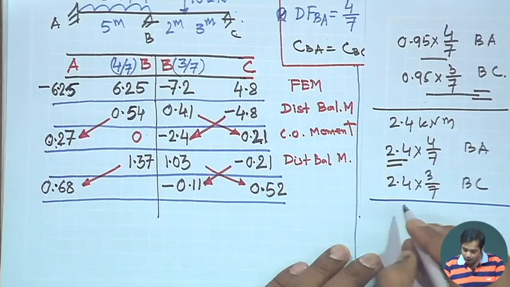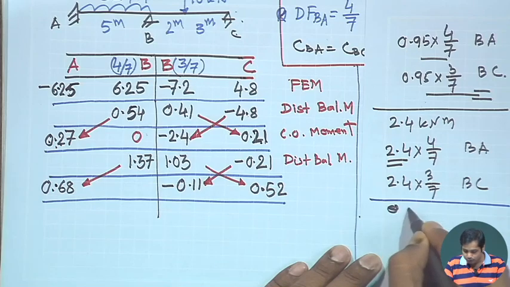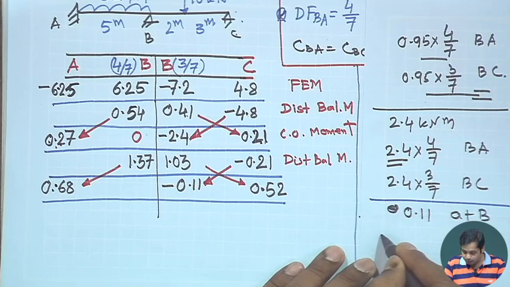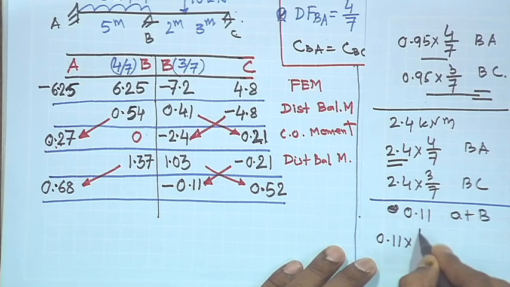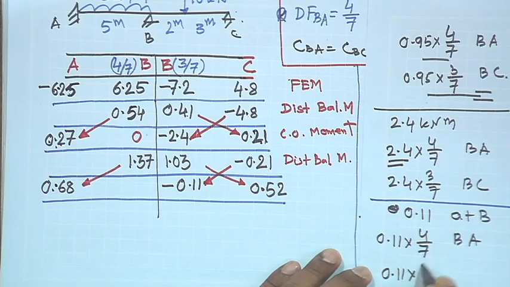So, 0.11 is the balancing moment we apply at B, and 0.11 into 4 by 7 will go to BA, and 0.11 into 3 by 7 will go to BC.